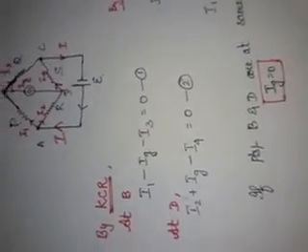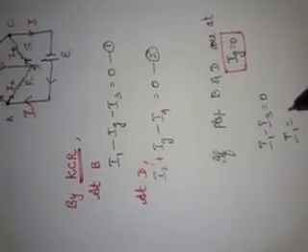Now, this Ig equal to 0, we are going to substitute in the above given equations. Substitute Ig equal to 0 in 1, you get I1 minus I3 equal to 0, or I1 is equal to I3. Substitute in equation 2, I2 minus I4 is equal to 0, or I2 is equal to I4.